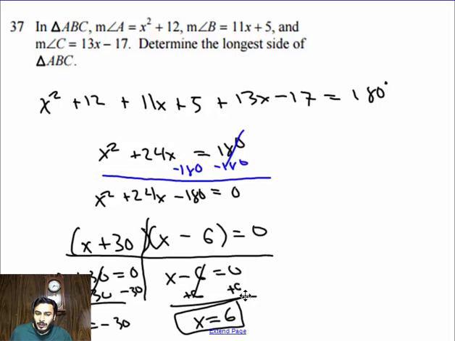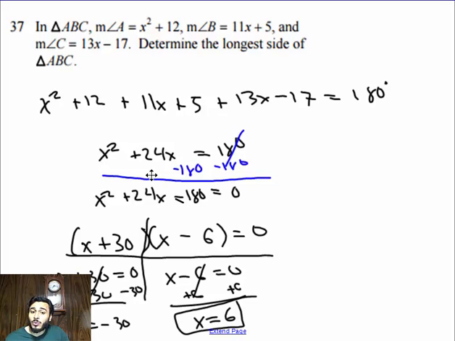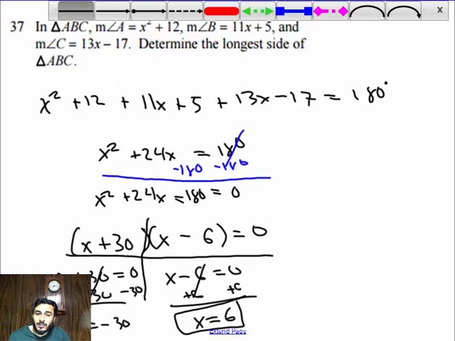So x equals 6. We're going to reject the negative answer because it will produce a negative angle, which is not possible. So it gets rejected. So the value of x that we're going to use is x equals 6.